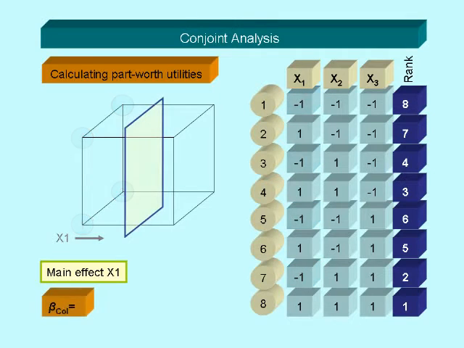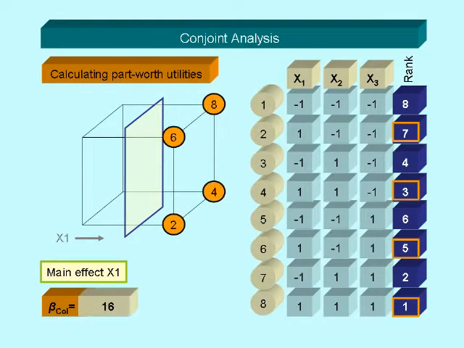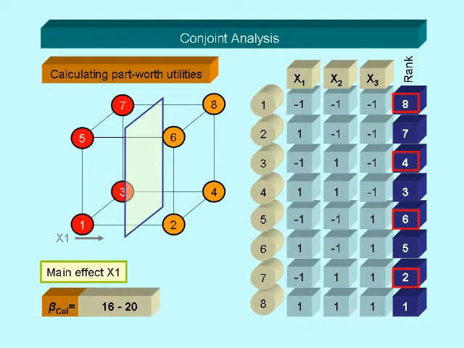In our cube, it corresponds to the sum of ranking values for all points on the right side of the vertical plane minus the sum of ranking values for all points on the left side of the vertical plane. We divide by 4 as we take the average of 4 points each and set it in relation to the total variation of the x value from -1 to +1, so we divide by 2. As a result, we get a part-worth utility for color of -0.5.